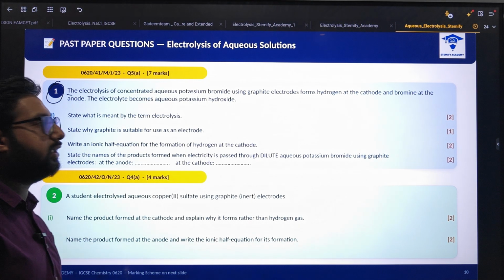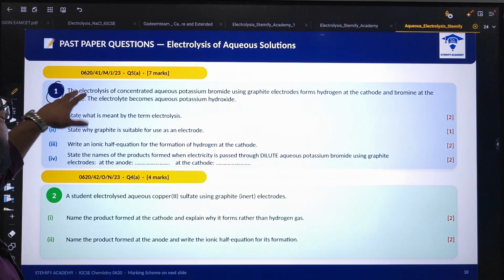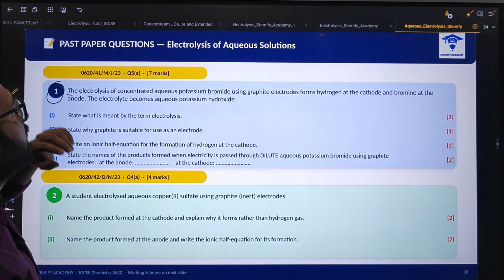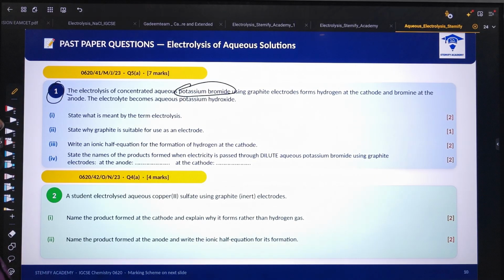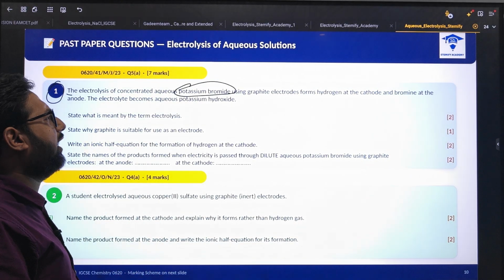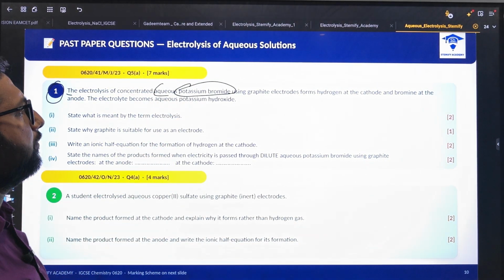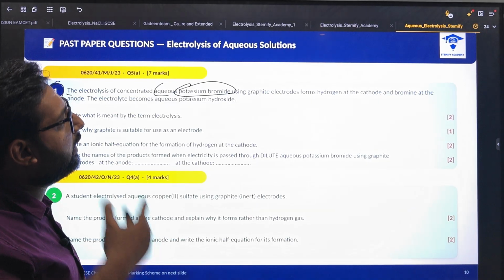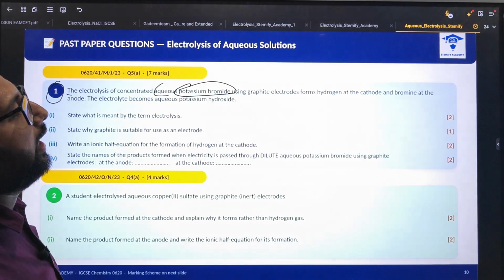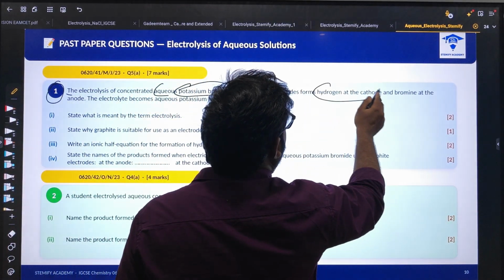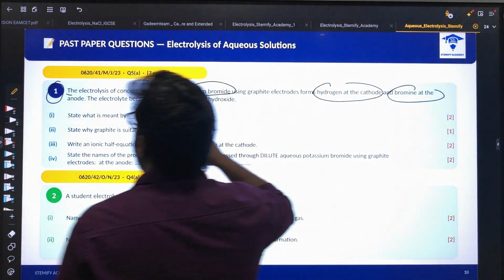So let us first understand the question. It is saying electrolysis of concentrated aqueous potassium bromide. This is our electrolyte. We are using graphite electrodes, and hydrogen is formed at the cathode and bromine is formed at the anode.